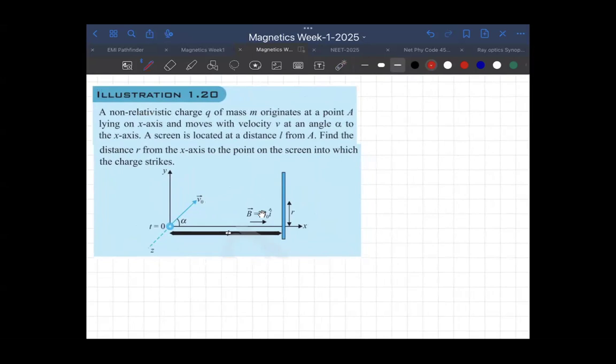A non-relativistic charge Q of mass m originates at point A lying on the x-axis and moves with velocity v at an angle alpha to the x-axis. Screen is located at a distance L from A. Where is A? Maybe this is point A, at a distance L. Find the distance r from the axis to the point on the screen at which the charge strikes.